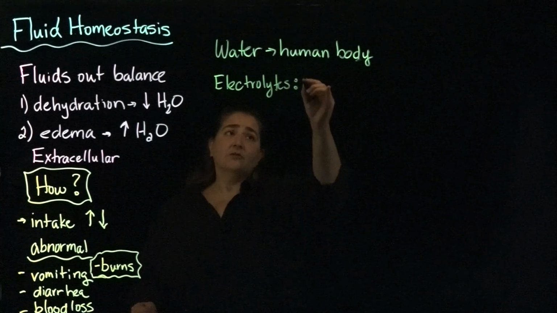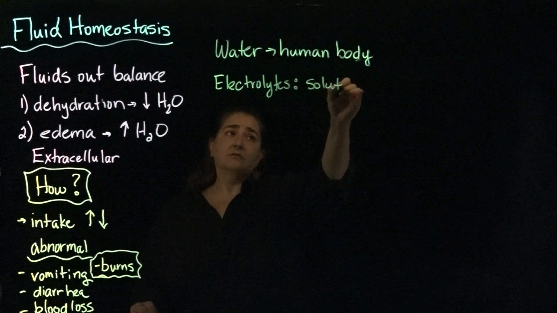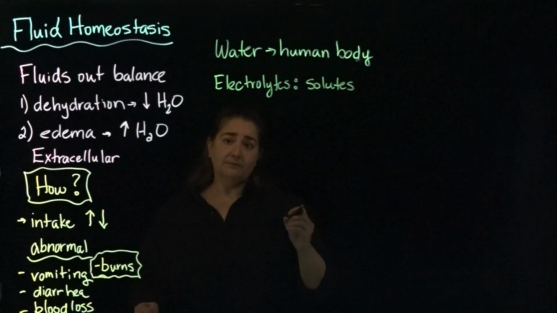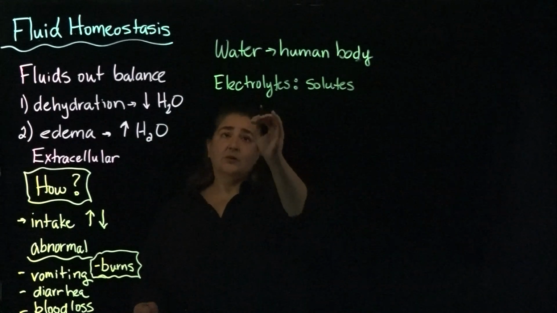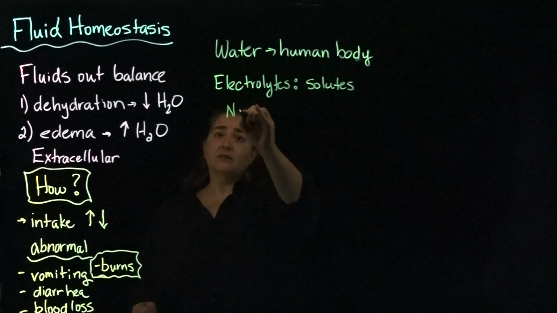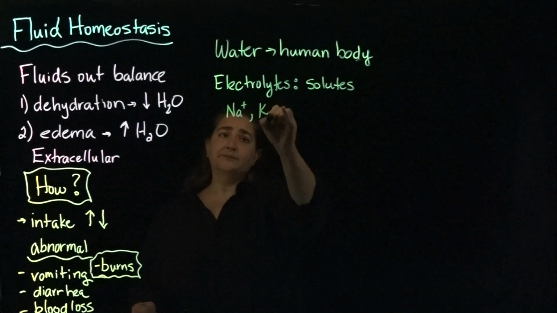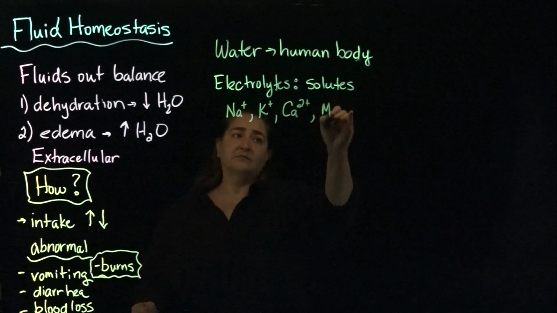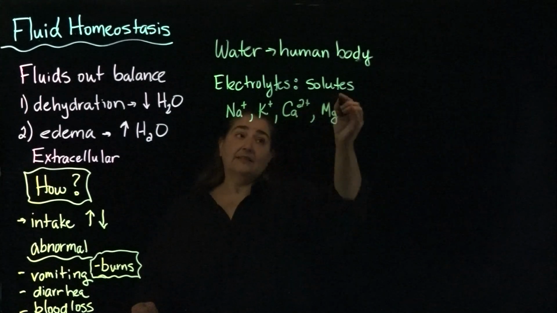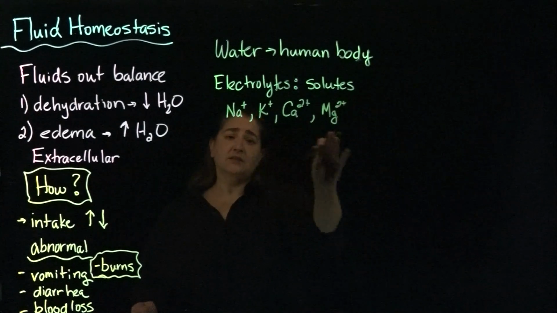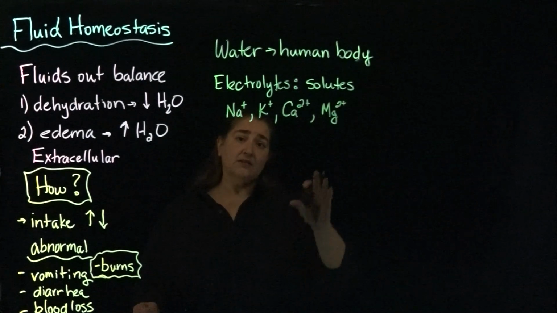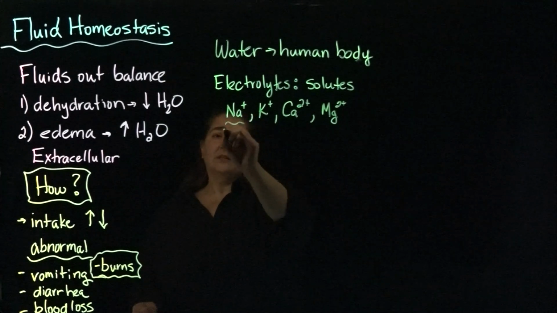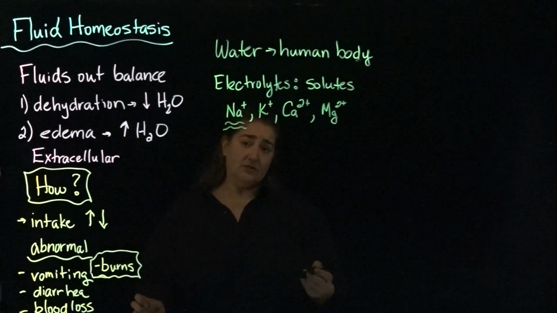So electrolytes are going to be the solutes associated with the body. We're going to cover a number of these in this course. We're going to focus primarily on sodium, potassium, calcium, and magnesium as the solutes or ions that can go out of balance and affect things. And really, the big one that we're going to cover is sodium.